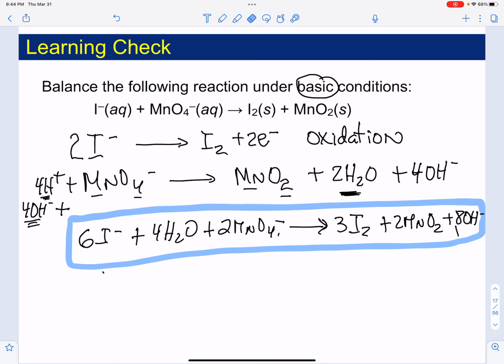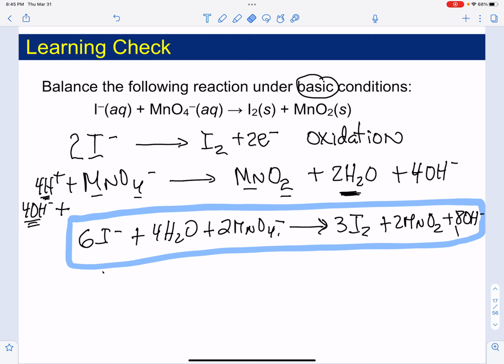So remember, all we did was exactly the same thing we did with the first one, acidic, but then for every proton that we added a hydroxide, and we put it on both sides. Then we combined the hydroxide with the protons, and we made that into water. And if we had water on both sides, we cancel as many as we can, and then we did the charge balance.